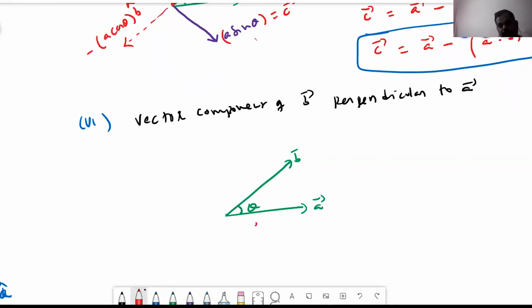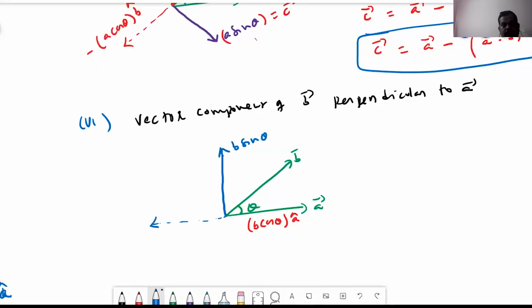So this component is, sorry, B cos theta. I want to find the scalar component. So this is B cos theta multiplied with A cap. This becomes a vector. Now what is the perpendicular component of this B bar? This is the perpendicular component of B bar. So this value is B sin theta. Now simply reverse it.